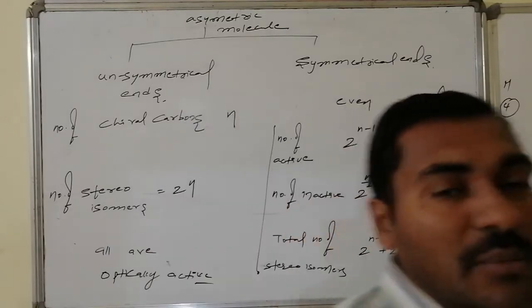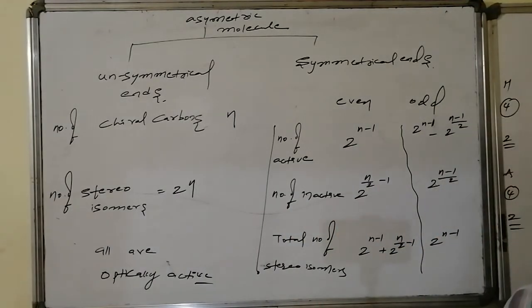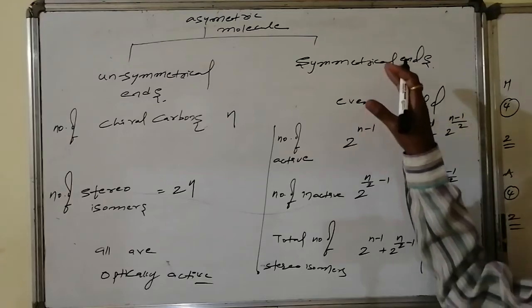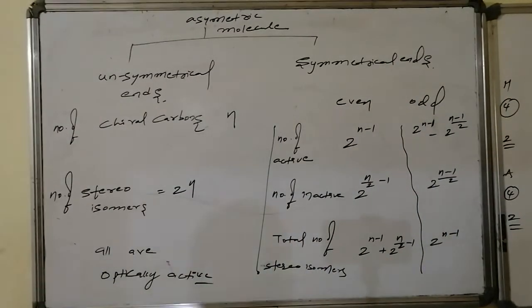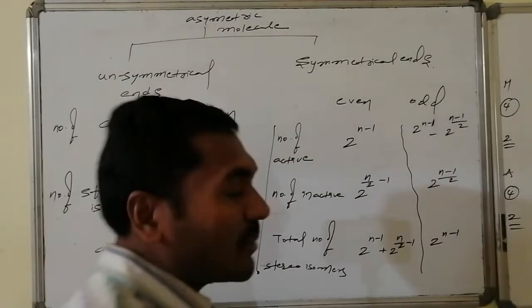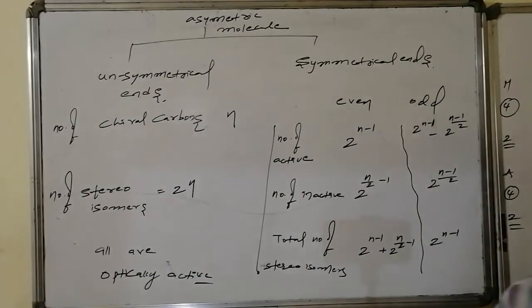Whereas in the case of a molecule with symmetrical ends, the formula varies, because even and odd numbers give different relations. If it is an even number, the plane goes through the middle of the carbon-carbon connectivity, whereas if it is an odd number, the plane goes through the carbon connected with two valencies. So if it has an even number of carbons, the total number of optically active isomers is given by 2 power n minus 1.